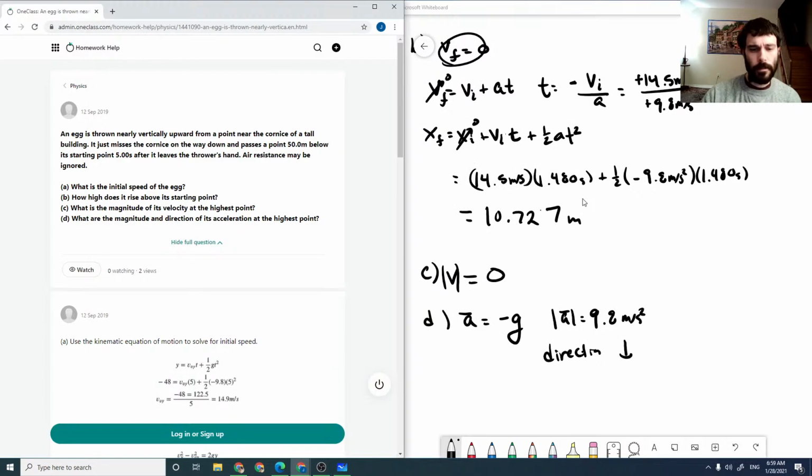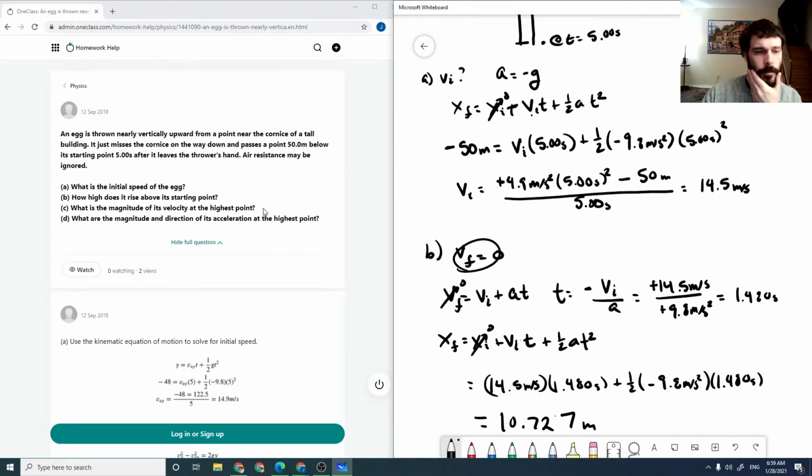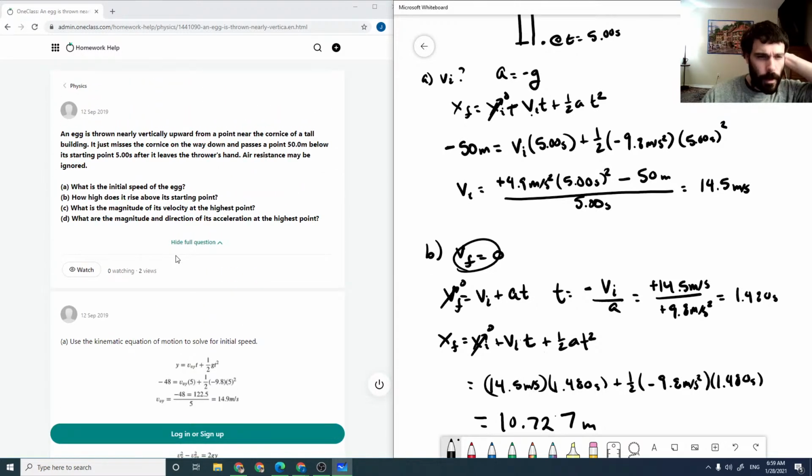Okay, so that's that. So checking through the solutions here. So we get 14.9. So for some reason they used minus 48. I don't know why that would be. So it says it's 50 meters below its starting point. So that to me is minus 50.